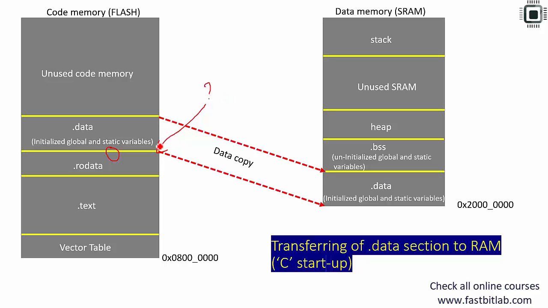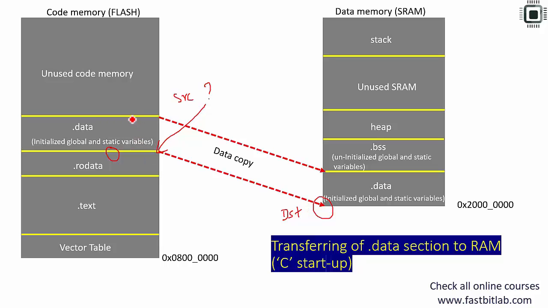If we know this address, then from this address we can start copying from flash to SRAM. And we should also know the start address in the data memory. This is a source address and this is a destination address. We should know both source and destination addresses.